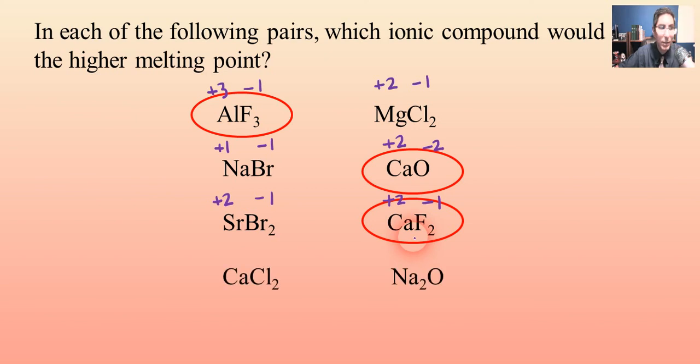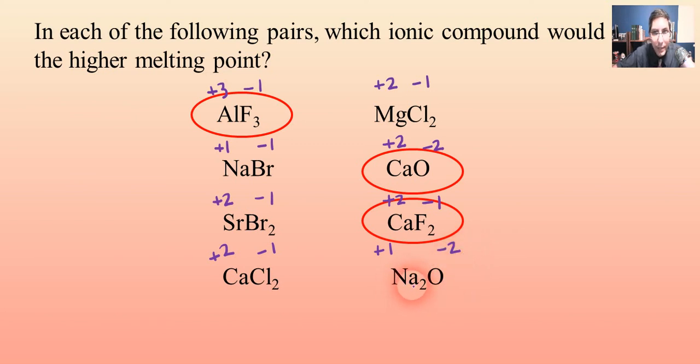Let's try one more example here. Calcium chloride and sodium oxide. Let's compare the charges first. Calcium's a +2, chloride's a -1, sodium's a +1, oxide's a -2. So once again, while we have this 2-1 comparison, it's pretty much the same. So now we have to compare the sizes of our ion pairs.